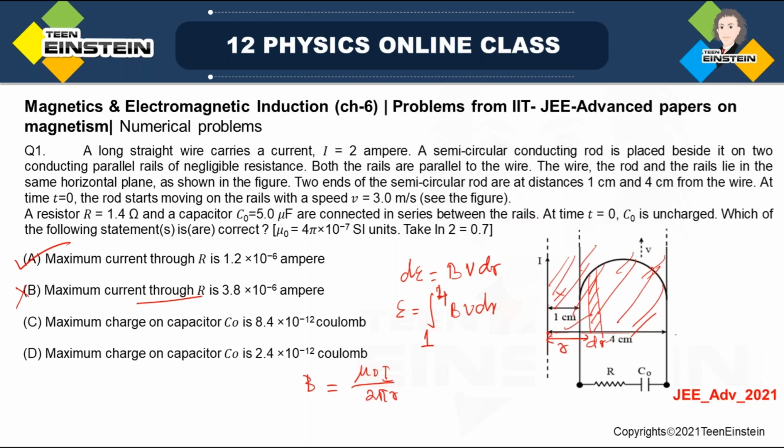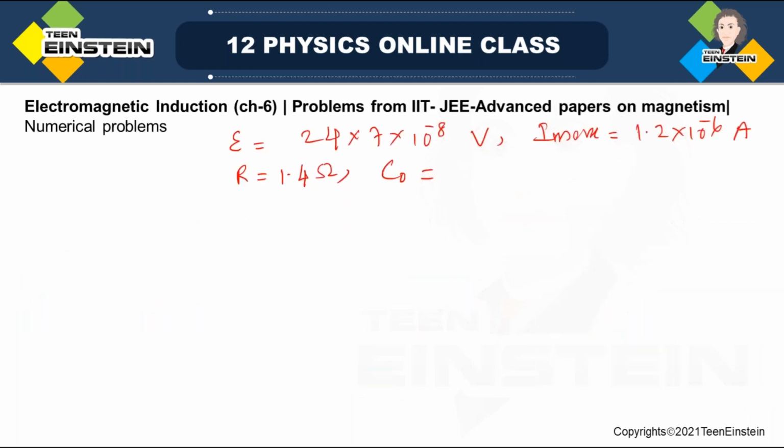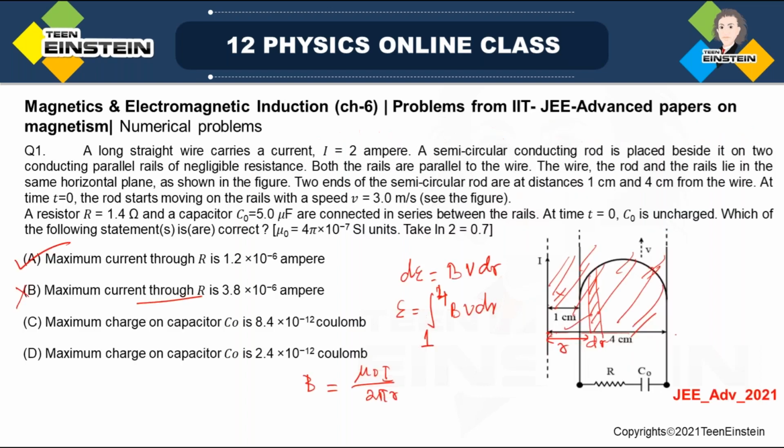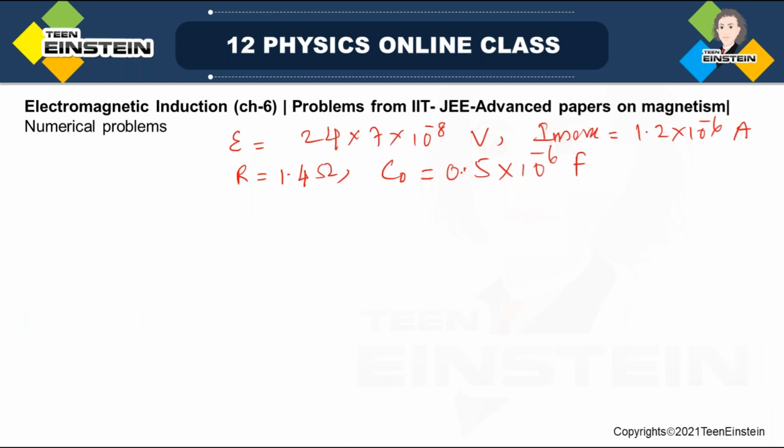C0 we have to find out. What is C0? The capacitor, sorry, not C0, the charge on the capacitor. So this is 5 microfarad, 5 into 10 to the power minus 6 farad. C0 is given already. Sorry, this is 5, not 0.5. Okay, 5.